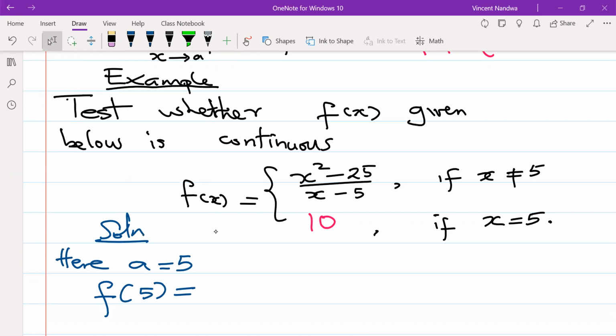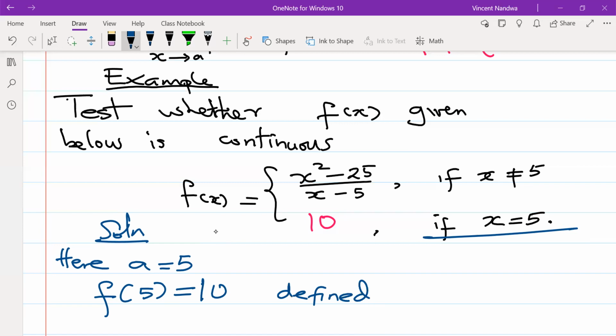What is the value of the function at x equals 5? It's 10. We don't need anyone to tell us it's 10, because the condition is already given here that f of x will give you 10 whenever x is 5. So when I put 5 here, I apply the second line. So we say f of 5 is 10, which means this exists or is defined.